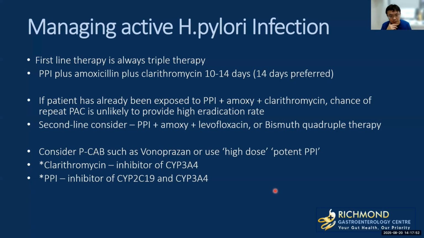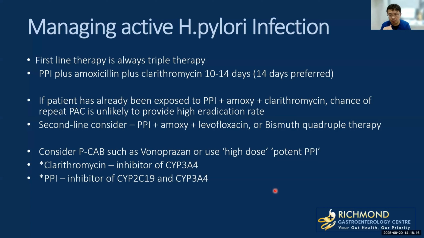So when you consider second-line therapy, please consider potent PPI plus amoxicillin and levofloxacin. Amoxicillin in this case, because H. pylori doesn't have such a significant resistance pattern; the baseline resistance to amoxicillin is usually around 2 to 5%, so it's actually very low.